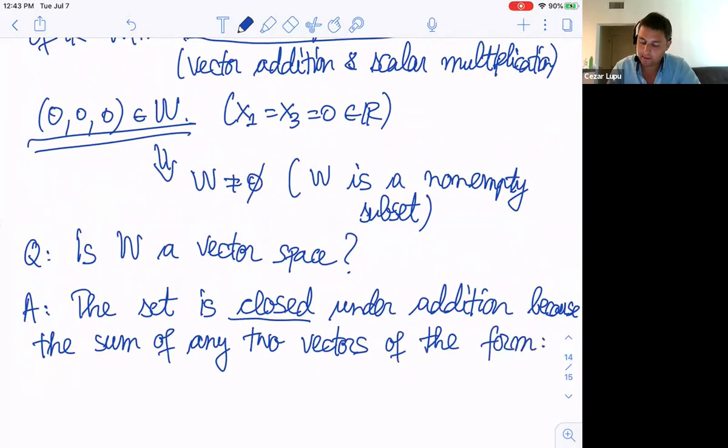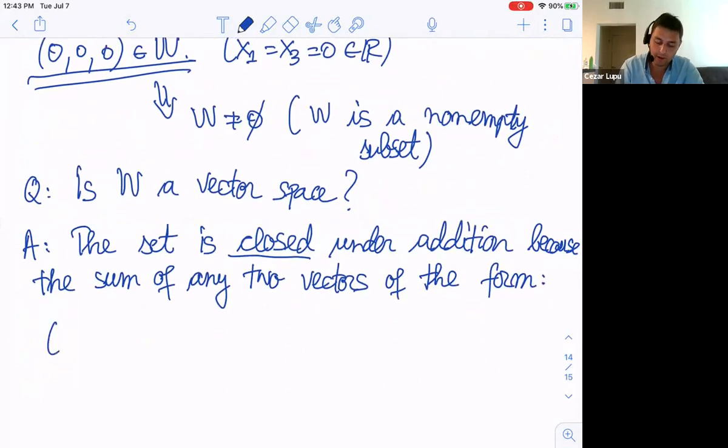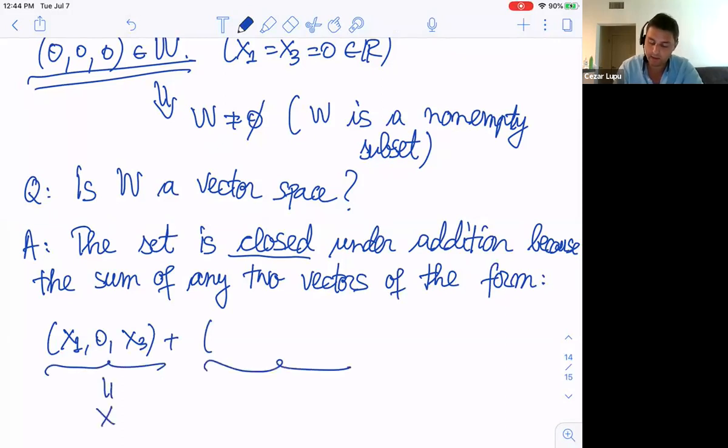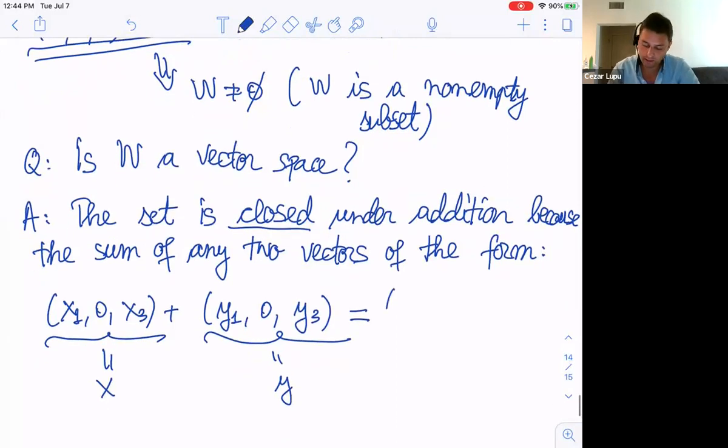Imagine you have something like x1, 0, x3, and you add it with the following vector. Let's consider this to be the vector x, and when you add it with the vector y, which is y1, 0, y3, you add their components, so you have x1 plus y1, 0 plus 0, which will be 0, and then x3 plus y3.